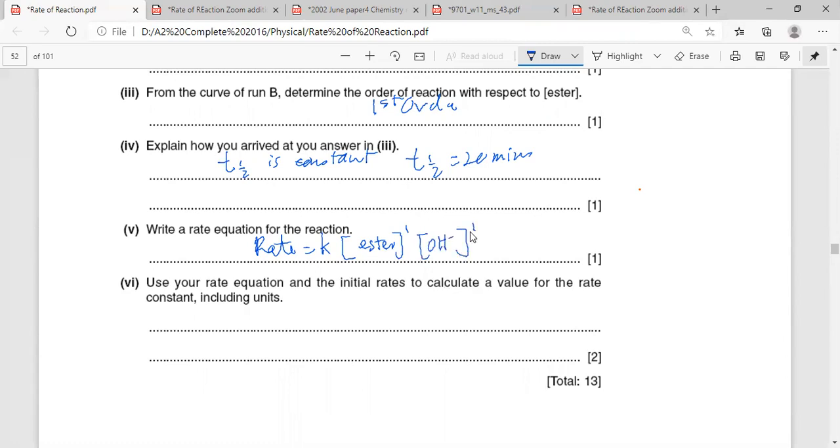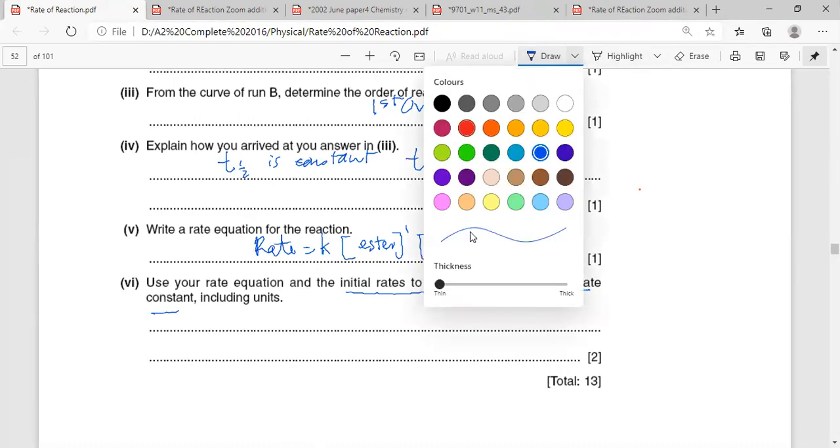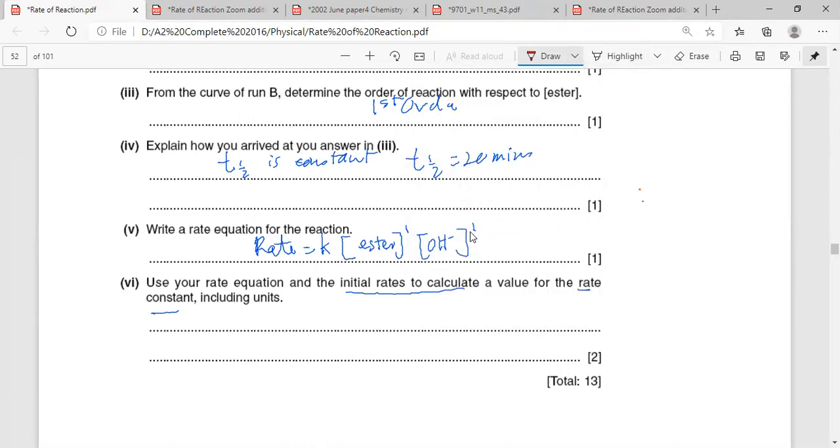Okay. Now here, of course, use your rate equation and initial rates to calculate a value for the rate constant. This fellow here, I'm going to put in red color. Okay, to calculate K. All right, use the initial rates. You can use any one. So let's say use the first one here.